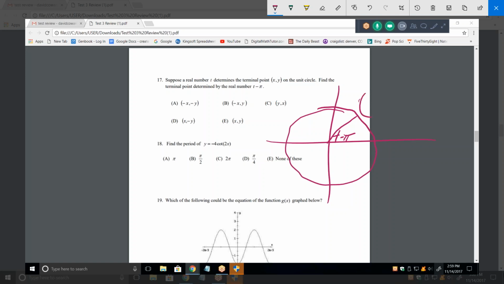So tell me what that coordinate is. If that angle is t minus pi, what's the coordinate? The x-coordinate is what? Cosine of t minus pi. Y-coordinate is what? Sine of t minus pi.